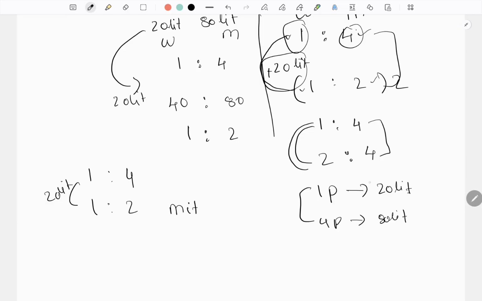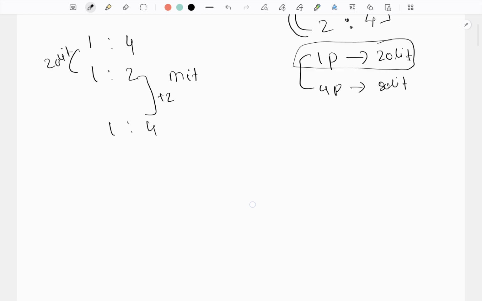Just now we have seen 20 liters is 1 part. Then 40 liters means 2 parts. Just add 2 parts, it becomes 1:4. Hope you understood this. Got it? Yes, let me see another.